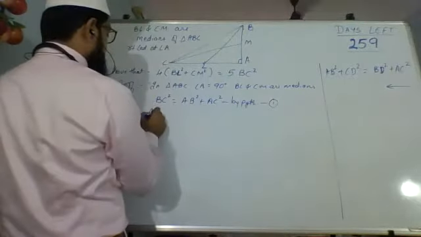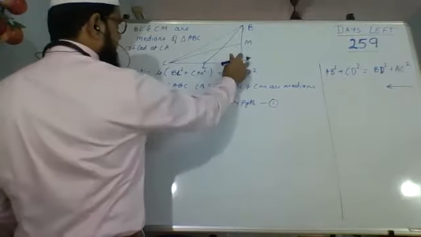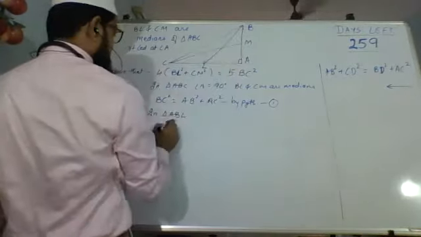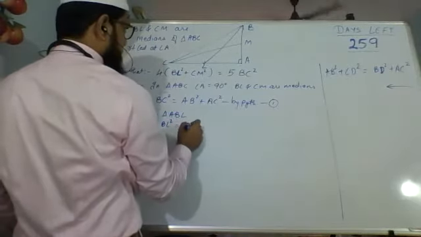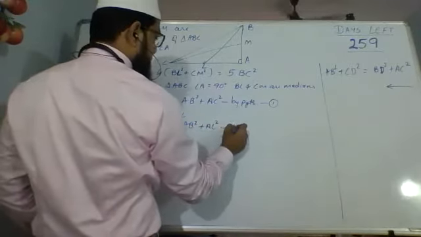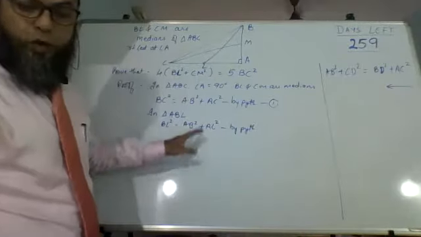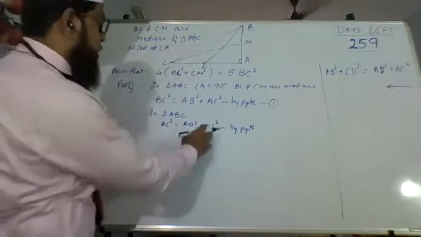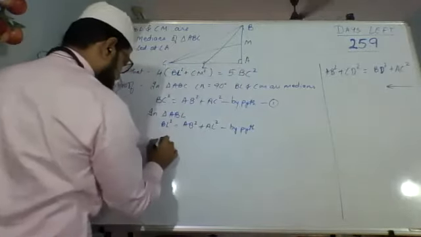Then in triangle ABL, I'll have BL square equals AB square plus AL square, again by Pythagoras theorem. But this I'm not going to call 2. In place of AL, I'm going to take half of AC.